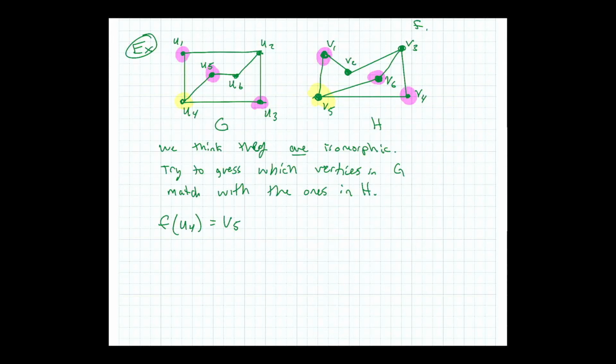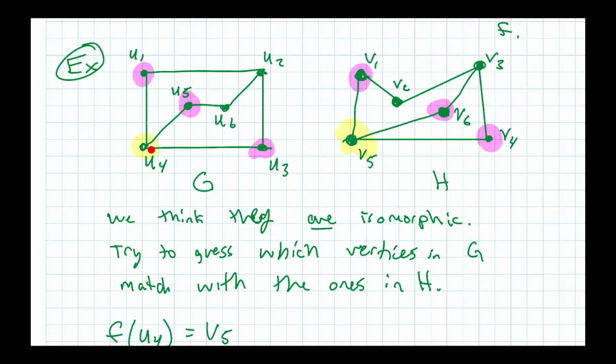So like looking at U4, U4 goes to this vertex, which has degree 2, to this vertex, which has degree 3. So you go degree 3 vertex to degree 2 vertex to a degree 3 vertex. If you try to follow this upward path, this is degree 3, this is degree 2. This should be the corner, right? Like if you go here, here, here, that would be here, here, here.